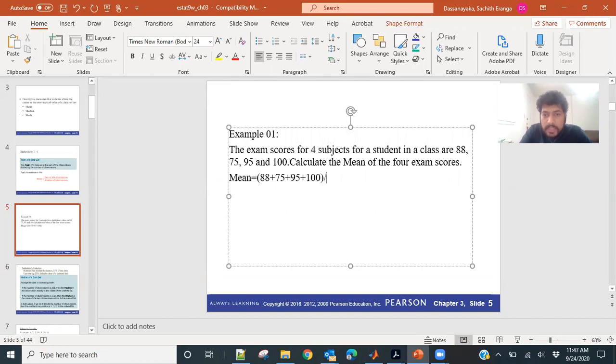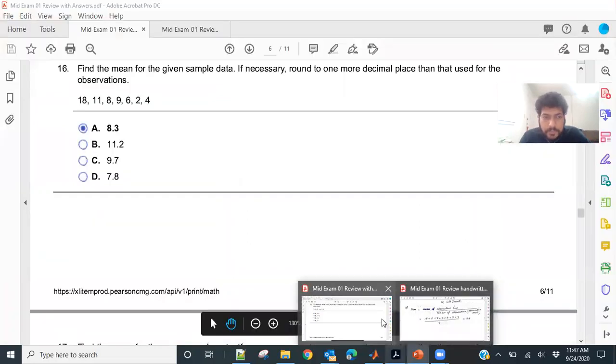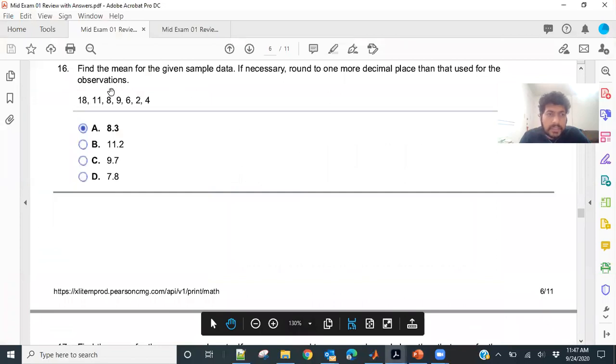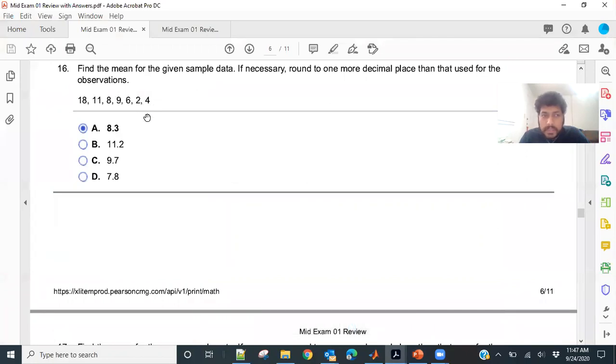How many observations are there? 1, 2, 3, 4. Four observations. When you simplify this, use your graphing calculator to find the mean. It doesn't matter how many observations you have in your data set, you have to follow this step. Then using the same procedure, you can find the mean in this data set.